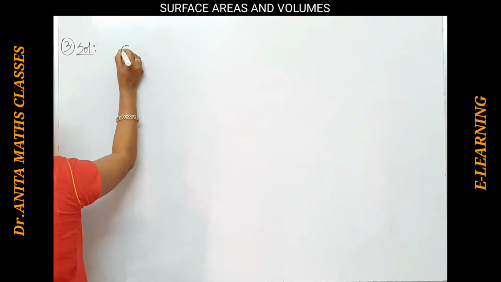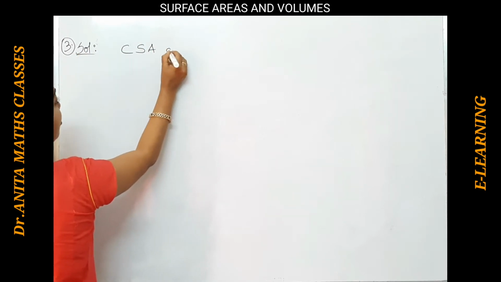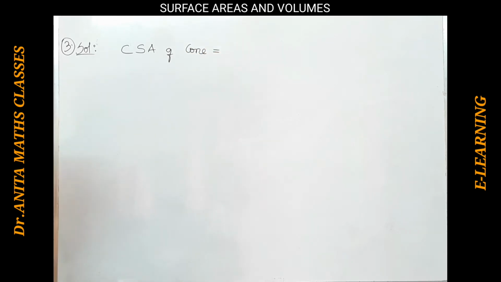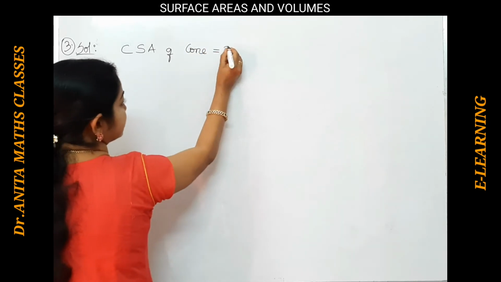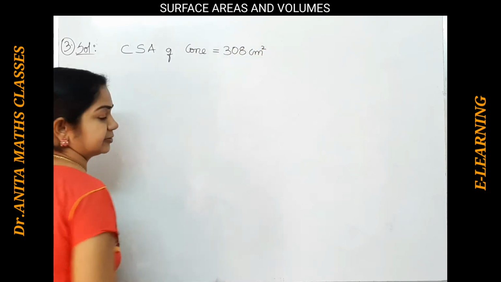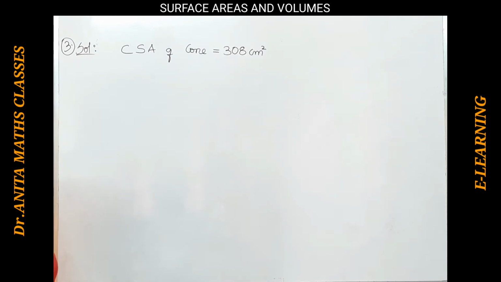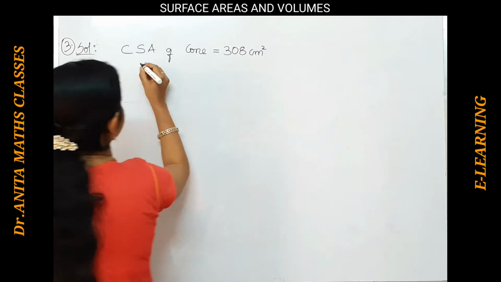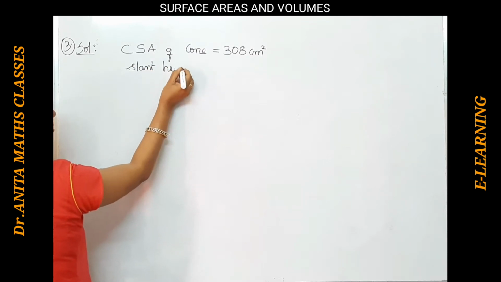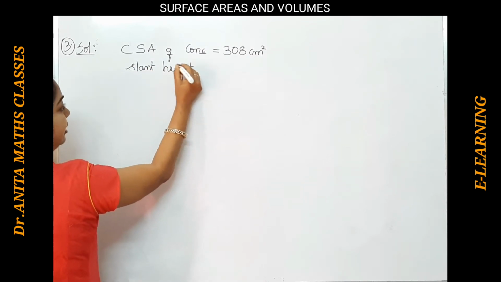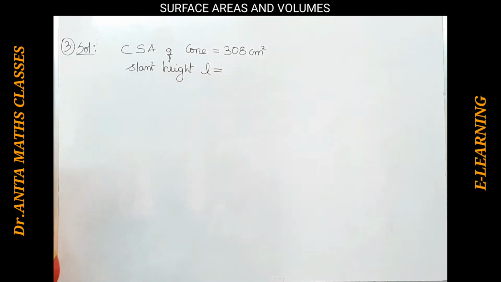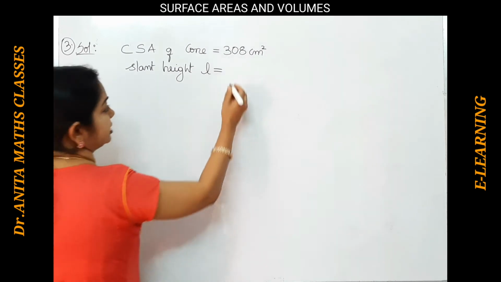Here, the curved surface area of the cone is given as 308 square centimeters. And the slant height, that is l, is given as 14 centimeters.